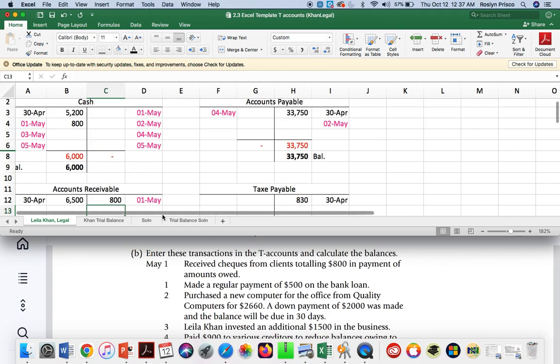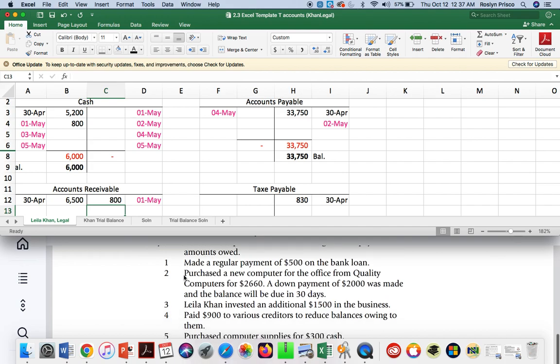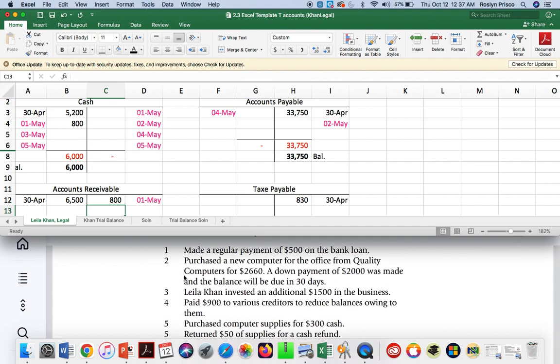I'll do one more. The second May 1st transaction: made the regular payment of $500 on the bank loan. Okay, so I've got cash going down and I've got my bank loan also going down. Cash will be a credit of 500, so type in 500 on the credit side of cash.